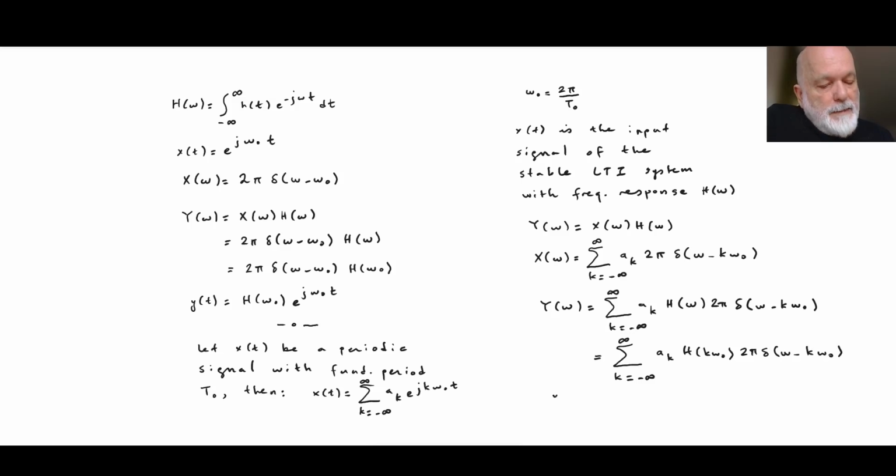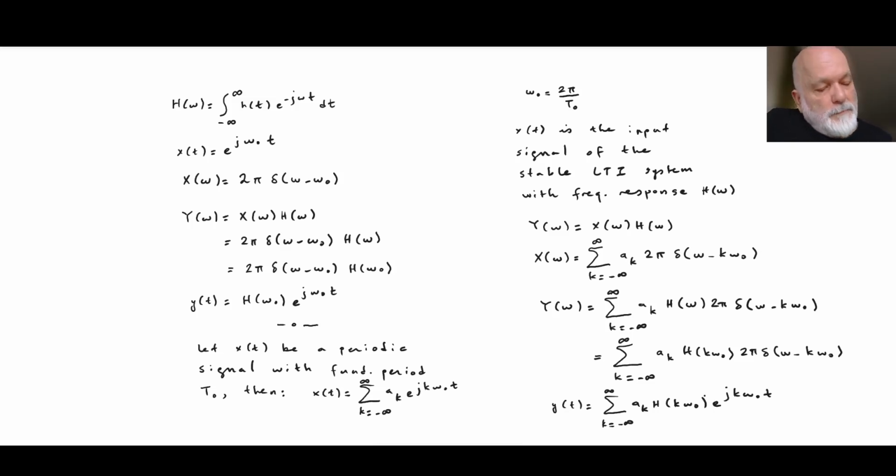And we can directly evaluate the inverse Fourier transform as the Fourier series representation of the output, the sum over k from minus infinity to plus infinity of a k H of k omega 0 e to j k omega 0 t.